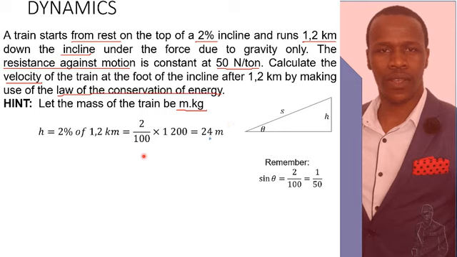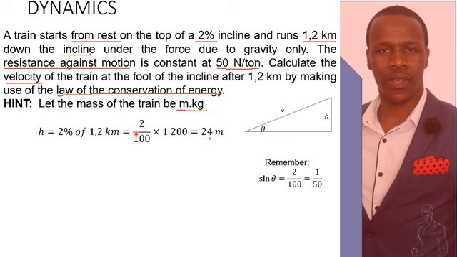H is equal to 2 over 100, which is our sine theta, multiplied by S. So that's what we are getting, because S was dividing H, so when it crosses the equal sign, it will multiply the sine theta. So that's what we have there.